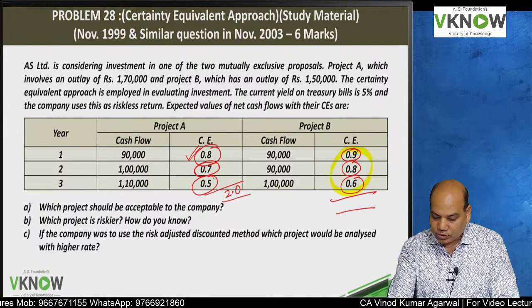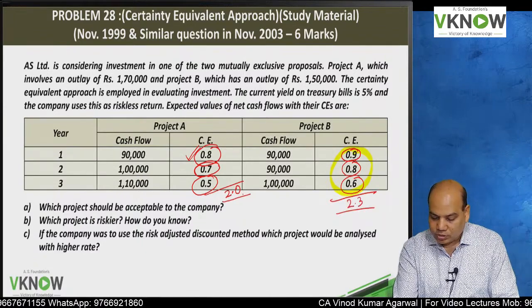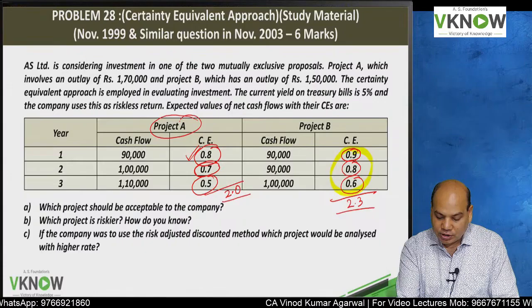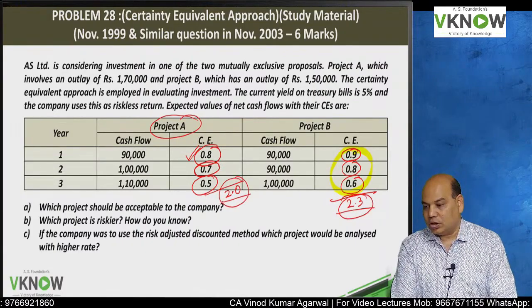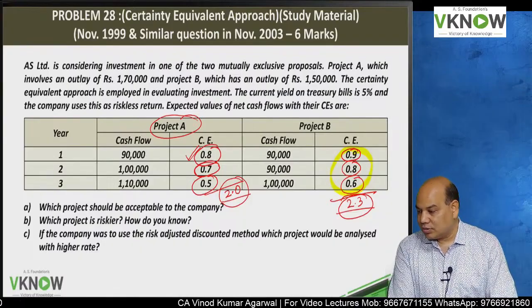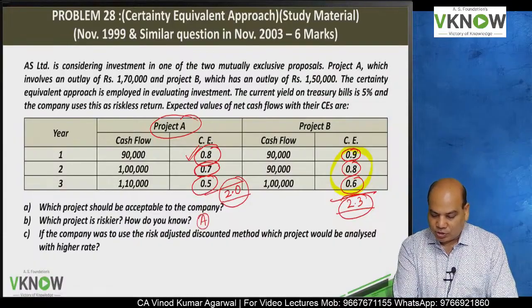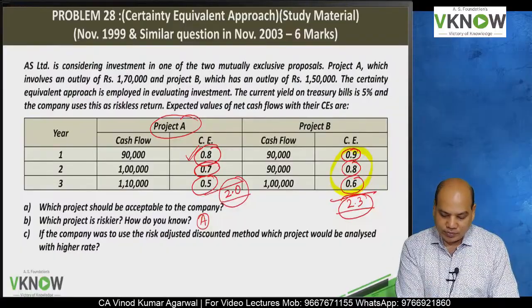This total is 2.3. So individual year also, the risk is higher in case of project A, and at the total also, the total CEC is lower for project A. Lower the CEC, higher the risk. So answer for this question is project A is relatively riskier.